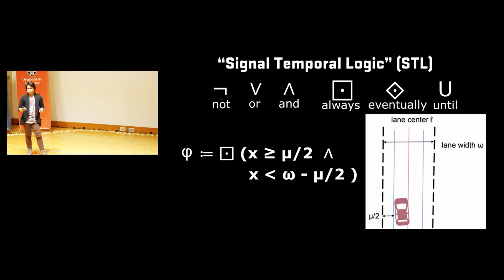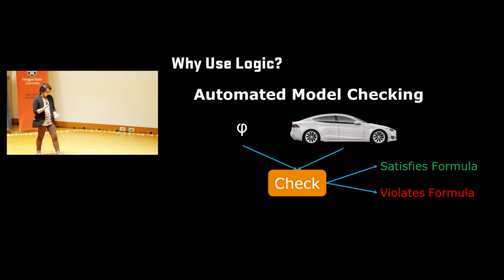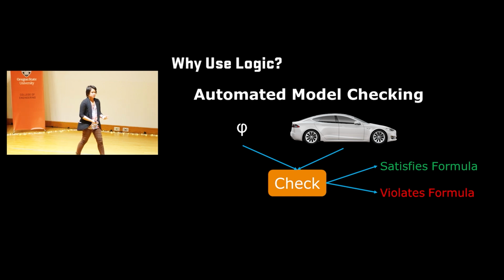And these operators are used to describe signals over time. By signals, I mean properties of continuous variables, like a car's position over time. The STL formula shown here is essentially one that tells us that the car should always stay in its own lane. Makes sense, right?